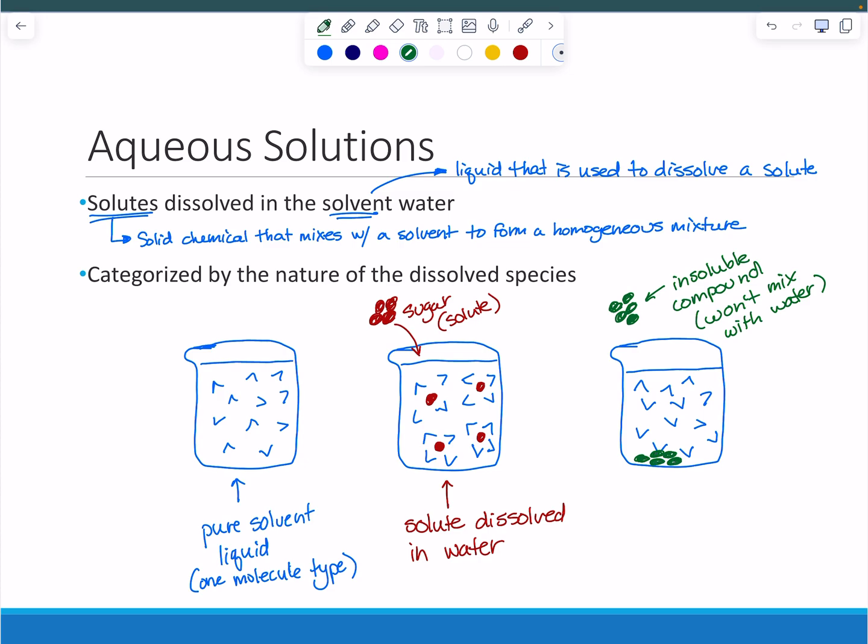And when we have chemical reactions that produce an insoluble compound, then what you see happening is that process of crashing out of solution, we call it, or precipitation occurring. So the solute is insoluble in water.